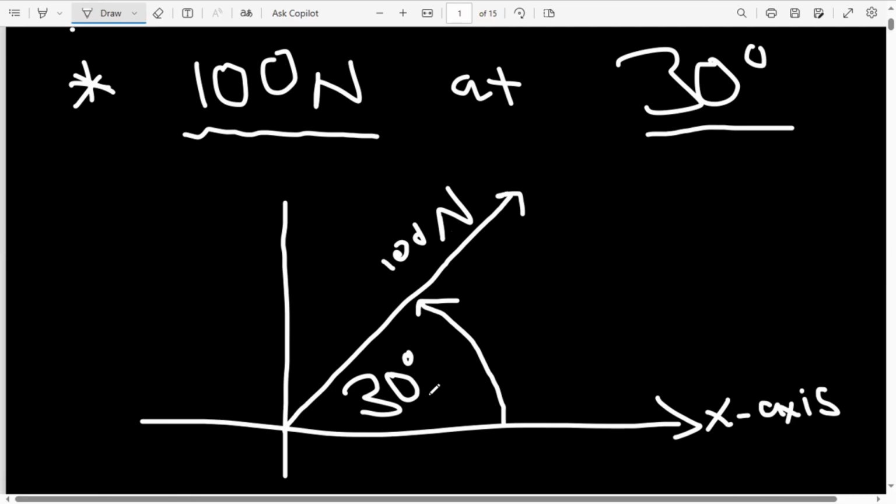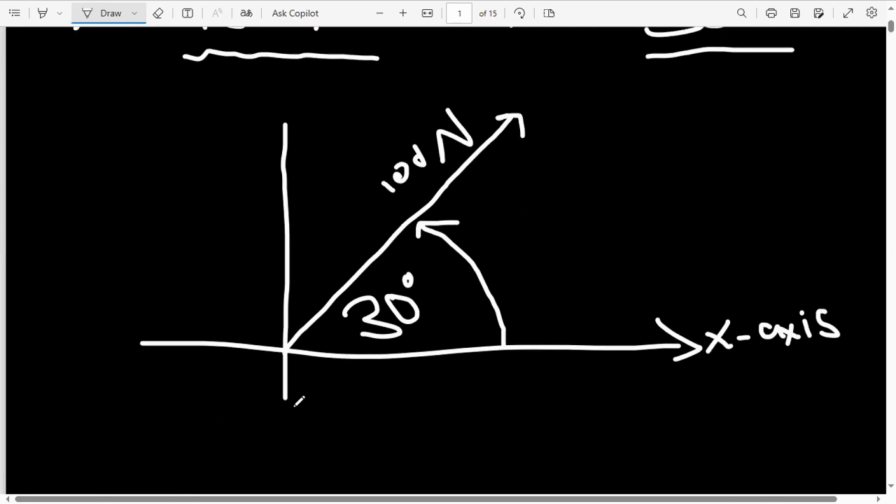It is important to know that this x-y plane is divided into 4 quadrants. This is the first quadrant, the second quadrant, the third, and the fourth. This line here represents 0 degrees. This line here represents 90 degrees.